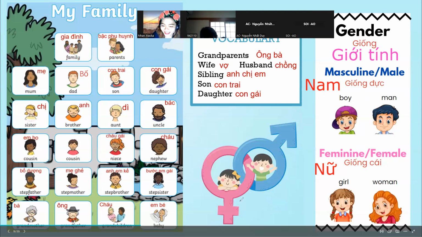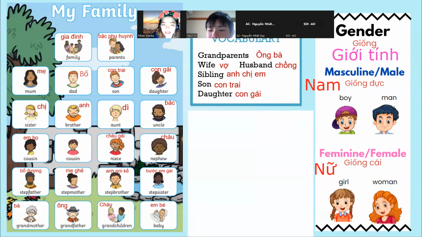Okay, so now, how about this one? Why are you laughing? All right. Now, can you help teacher identify who are the male, who are the masculine in our family? Nam. Who are the nam, the masculine? Who are the masculine? The males are.